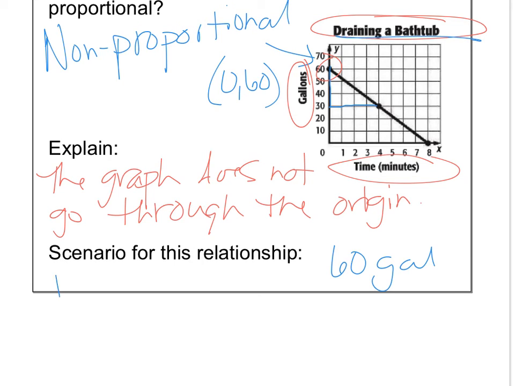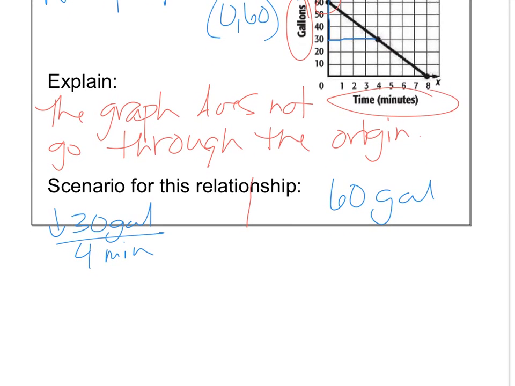So it looks like I'm going down 30 gallons in 4 minutes. Okay, you could simplify that or you could write it that way. So something I might say for my scenario is, Mary is draining a large tub.